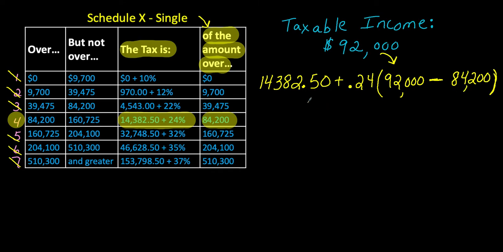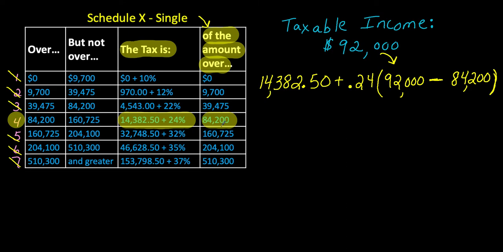Let me reiterate how I got this expression in yellow. I took this number, $14,382.50, I put it here, plus 0.24 times the taxable income, $92,000 minus this amount. And that's the process every time.